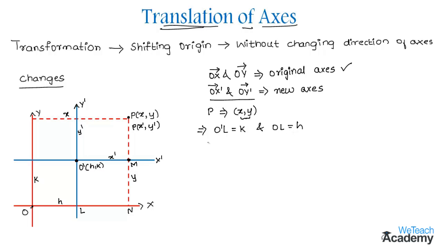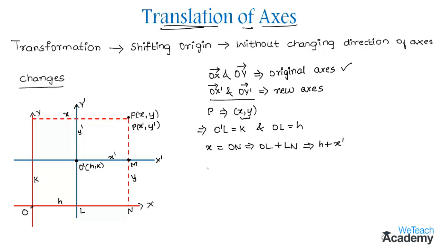The value of x according to the original axis will be ON. So ON is equal to OL plus LN. From the diagram, the value of OL, which is h, plus the value of LN, which is x dash.